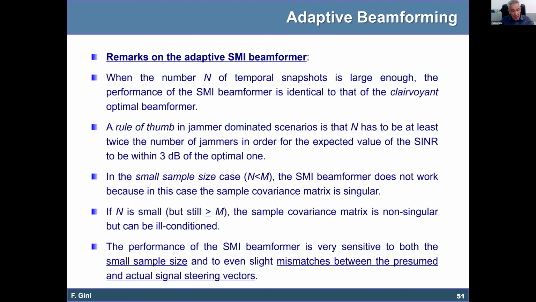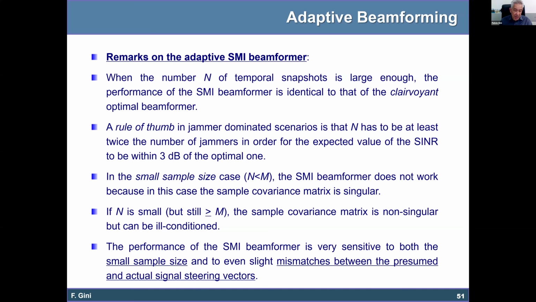Then another comment is the following. The classical beamformer does not require calculating an inverse. The adaptive beamformer, both the sample matrix inversion beamformer and Capon, require calculating the inverse of the sample covariance matrix.